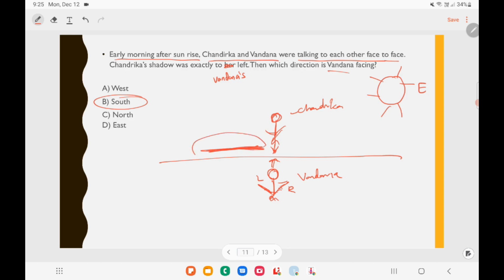This means that Chandrika's shadow is exactly to Vandana's left, because this is Vandana's left and this is Vandana's right. Then in that case, Vandana will be facing the north direction, right? So you need to understand the question very well. Here the question is asked like Chandrika's shadow was exactly to her left, then it comes south. But if the question was like Chandrika's shadow was exactly to Vandana's left, then the answer would have been north.